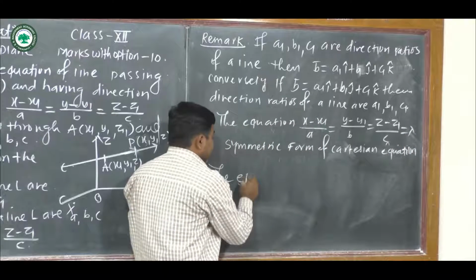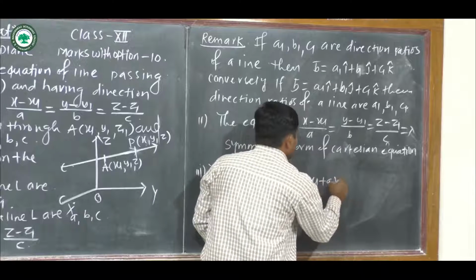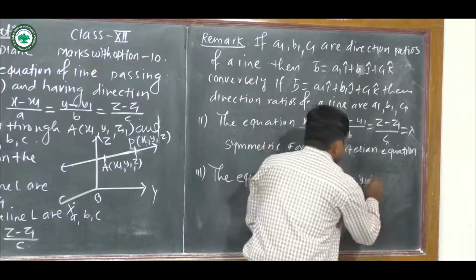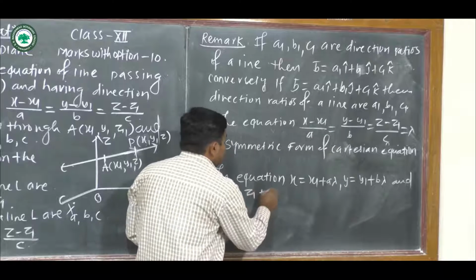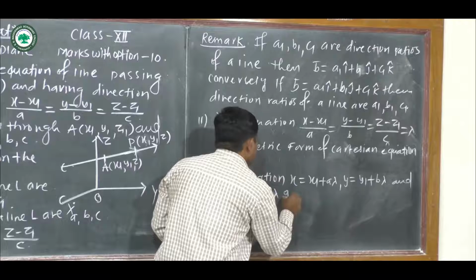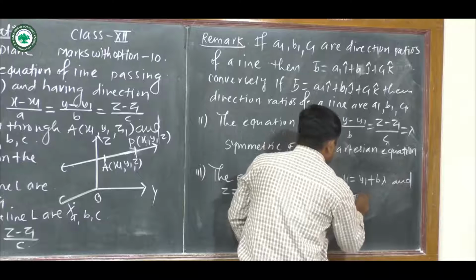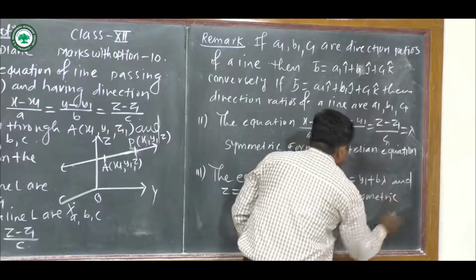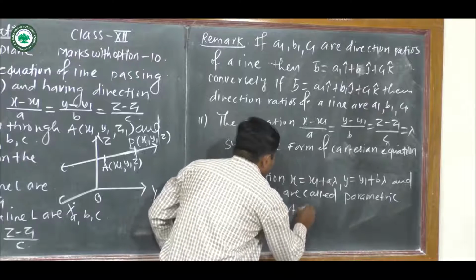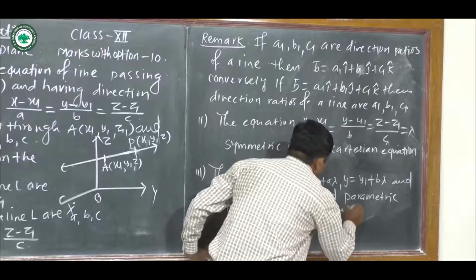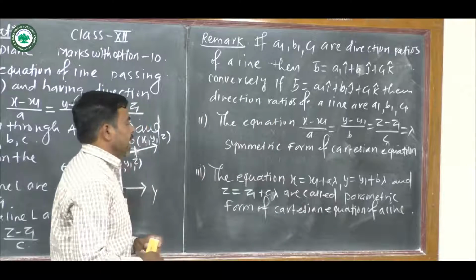So therefore the equations x is equal to x1 plus a lambda, y is equal to y1 plus b lambda, and z is equal to z1 plus c lambda are called parametric form of Cartesian equation of a line.